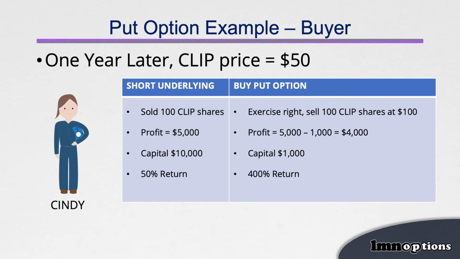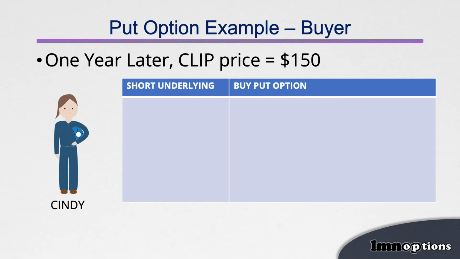But what happens if Cindy is wrong and the price moves in the opposite direction? In our second scenario, the share price of Clip has increased to $150 instead. If Cindy had opened a short selling position in the underlying, she would have sold 100 shares in Clip at $100 per share.